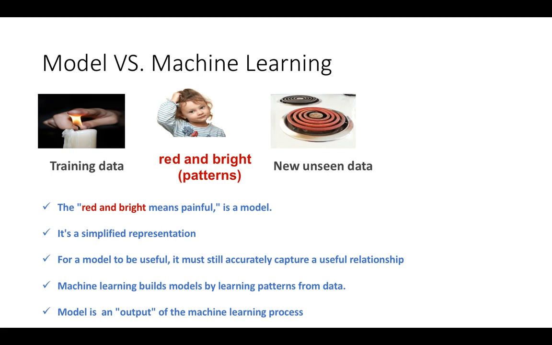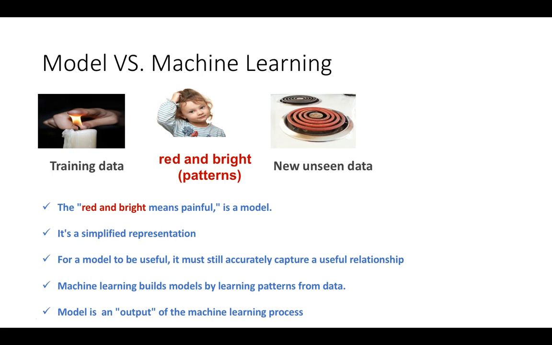It's a very simplified representation. It did not have any complexities. The kid is a very small kid. She doesn't know thermodynamics, she doesn't know combustion, she doesn't know nerve endings and neuroscience. Still, based on the experience, she got a simplified representation of what red and bright mean, and she has used that to protect herself in the future.